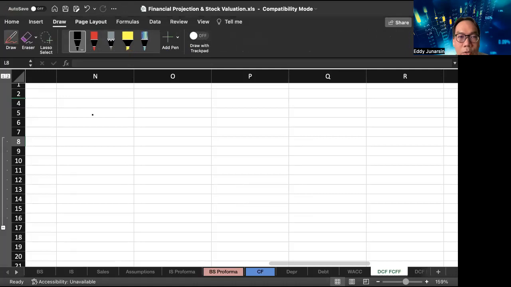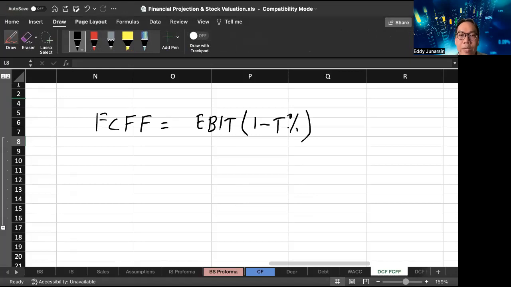Okay, so free cash flow to the firm is your earnings before interest and taxes, cut by tax. We call it NOPAT. Then you add back all kind of necessary things. For example, you add back depreciation expense.